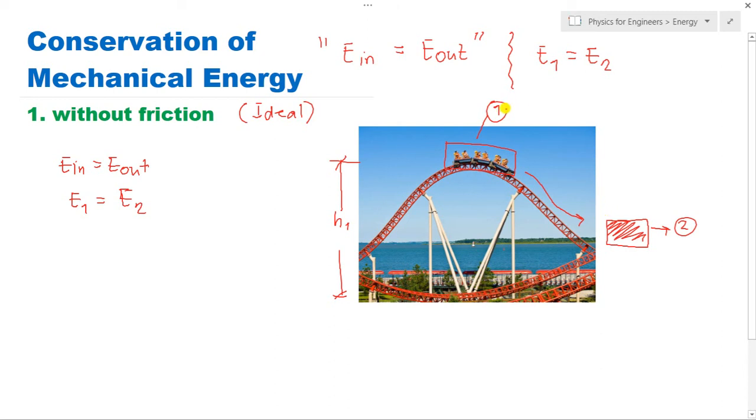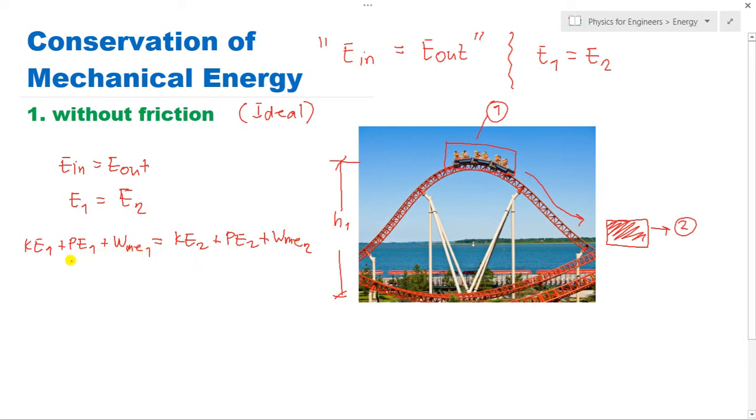So what are the energies that are present on state 1 based on the three mechanical energies? The first one is the kinetic energy 1 plus the potential energy 1 plus the mechanical work 1, which is equal to the kinetic energy 2 plus the potential energy 2 plus the mechanical work 2.